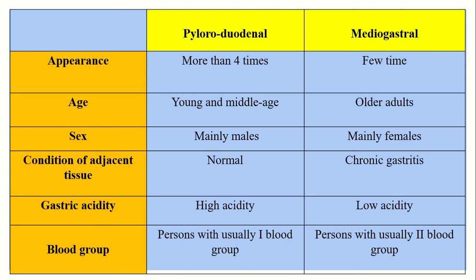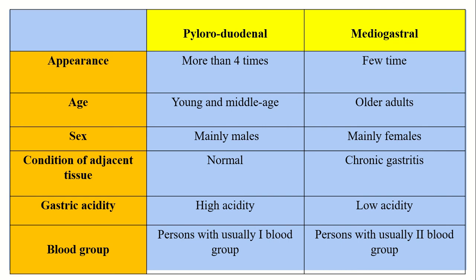Pyloroduodenal ulcers mainly develop in males, but mediogastral ulcers mainly develop in females. Condition of adjacent tissue: the adjacent tissue in pyloroduodenal ulcers is normal, but in mediogastral ulcers inflammation develops, chronic gastritis.